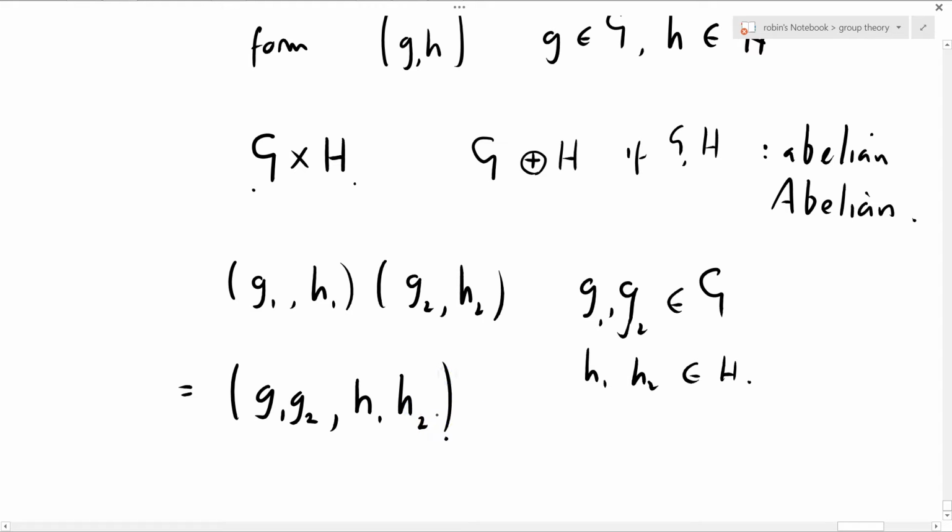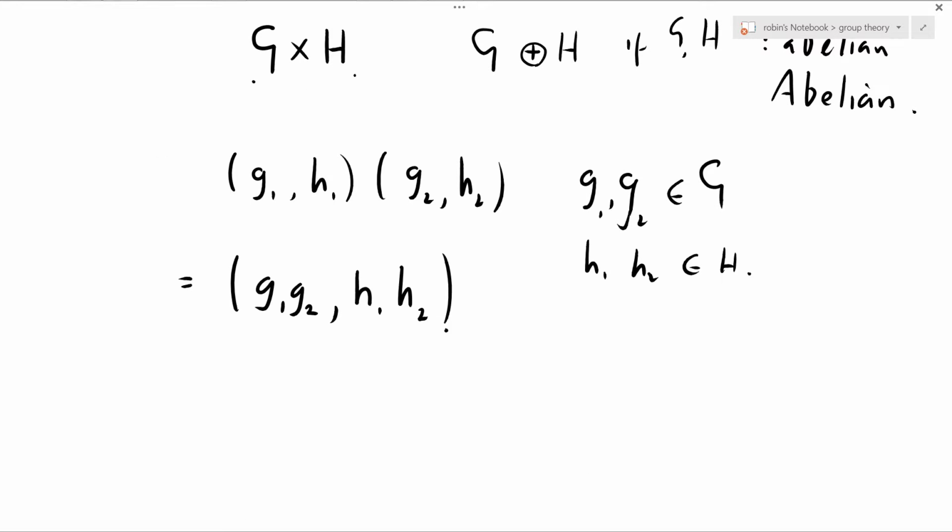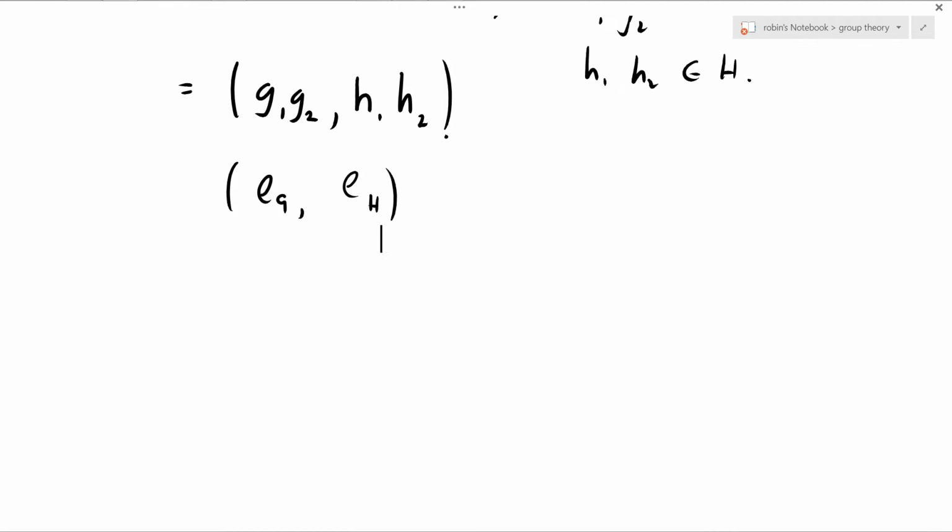It inherits its associativity from the associativity of G and H, and basically it just works as you expect. It's got an identity. What's the identity? It's (e_G, e_H), the ordered pair of the identity in both groups.